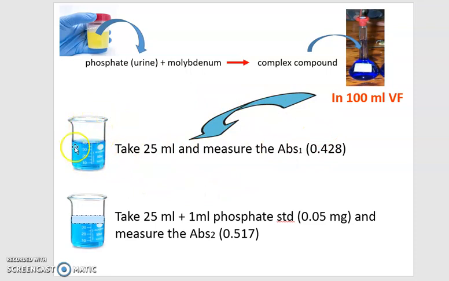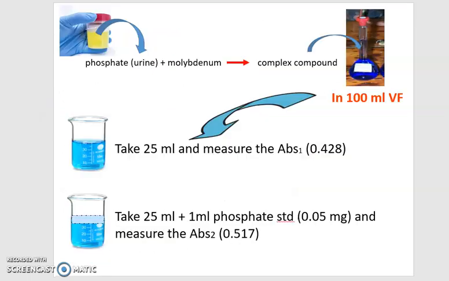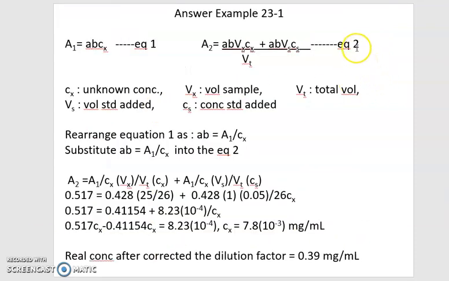For this sample solution, we can express the Beer's law equation using equation 1. While for the sample added with standard, the expression is represented by equation 2. Please take note that the A and b in equation 1 and equation 2 have the same values.